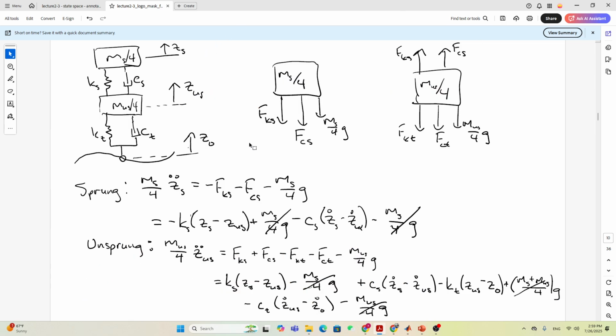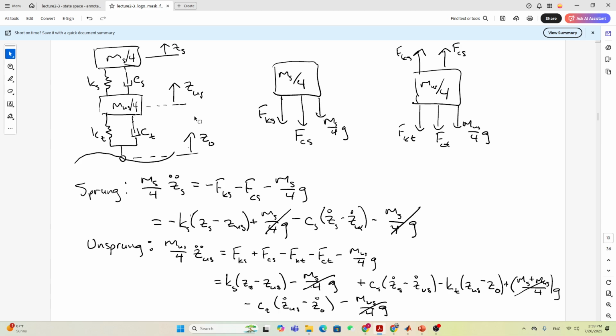So this quarter car model, if we split it out into sprung and unsprung mass, let's start from the very top. The sprung mass will be subjected to the spring and damper force, all of them together. Of course, you also have your gravity force, which is mass times gravity, right? So those three. The unsprung mass is the one in the middle.